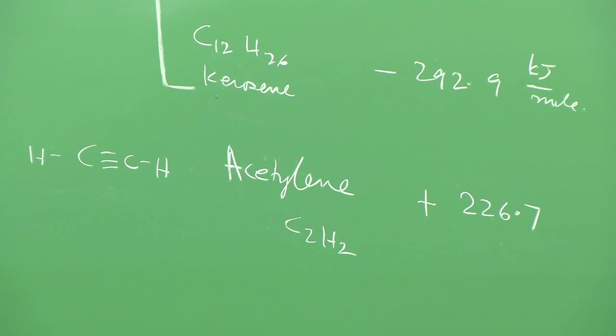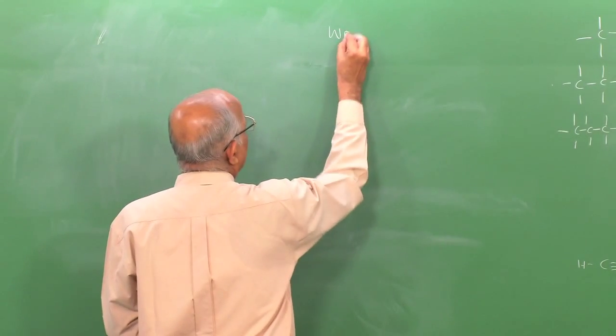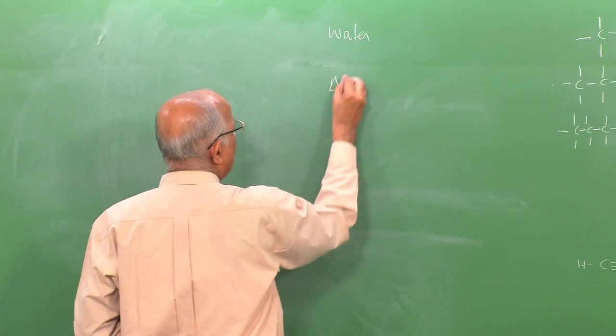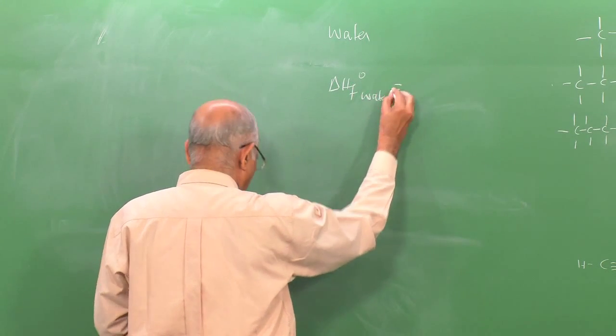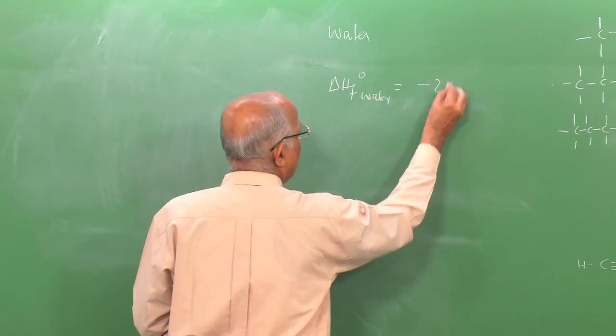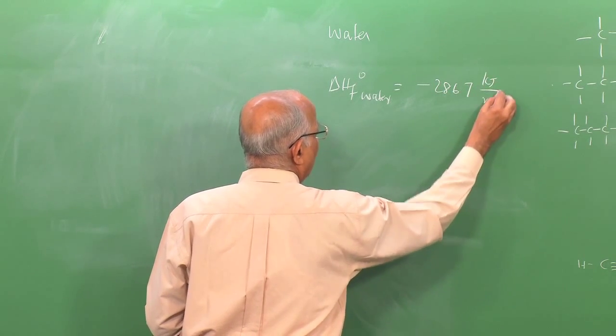Let us put down one or two more values of heat of formation before I go back and learn how to apply it, and also we see what is the meaning of all these things. Let us take two more substances. Well, I have water, I have heat of formation of water. We just now were telling it is equal to minus 286.7 kilojoule per mole.